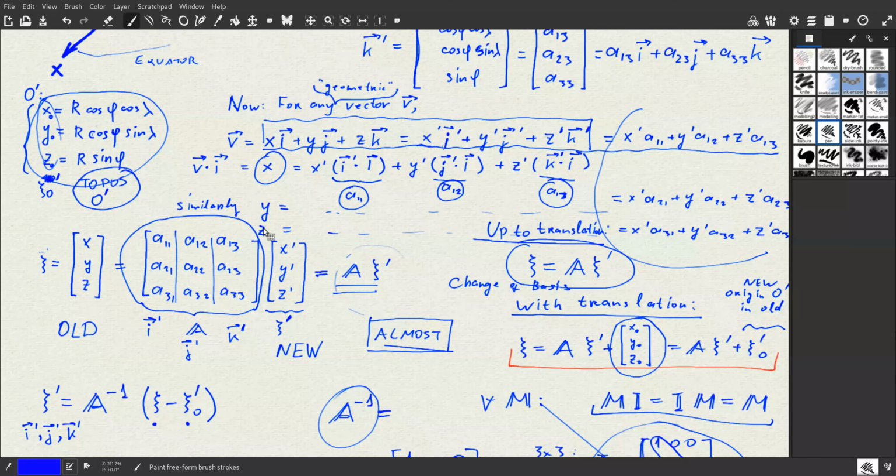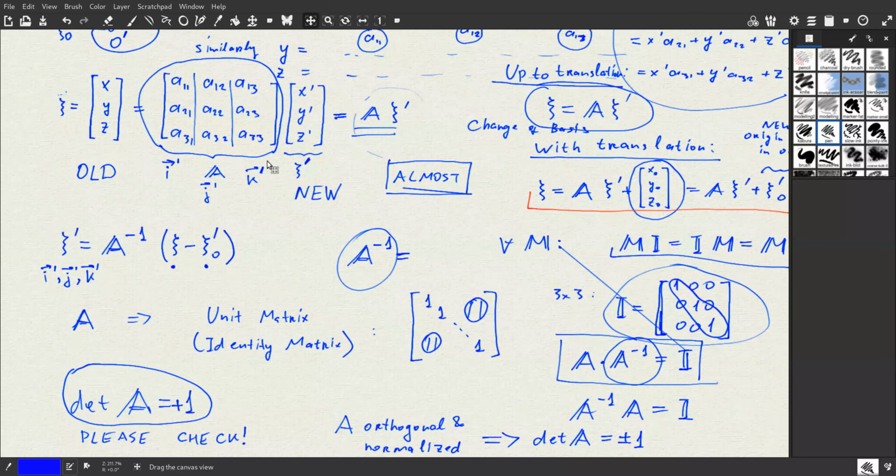If we then do a cyclic transformation and we put our columns, for example, J prime first, then K prime, and then cyclically returning to I prime, then the determinant is still +1.